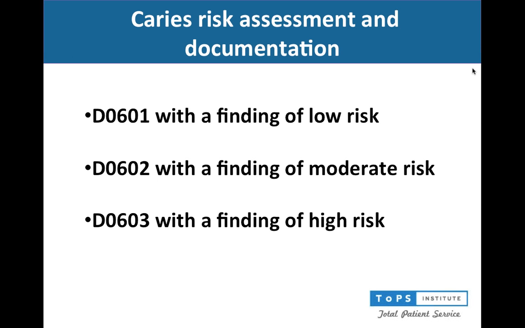And this in no way will prevent them from ever having any care, but it will help us better categorize them in the types of care that they will need. So it'll be very important that starting the exam process, we assess which category, whether it's 0601, 0602, or 0603, our patients will be falling under.